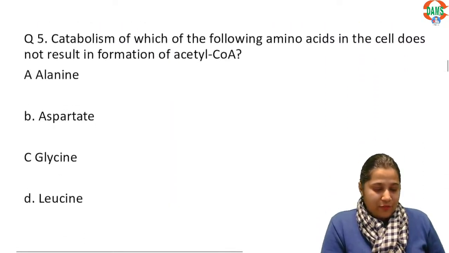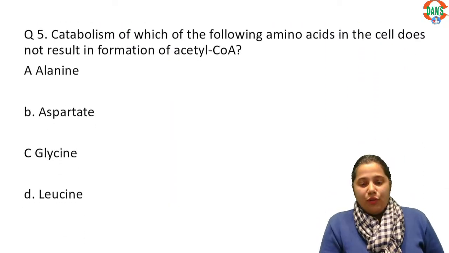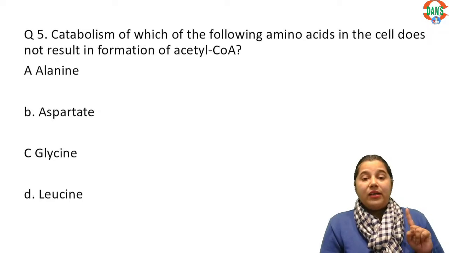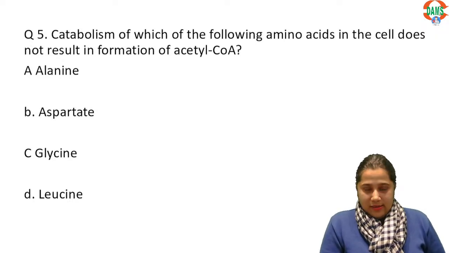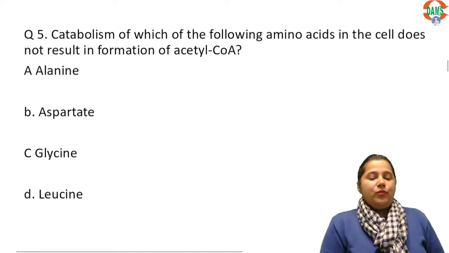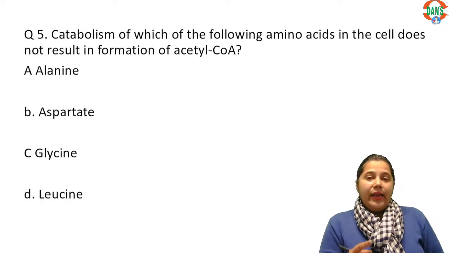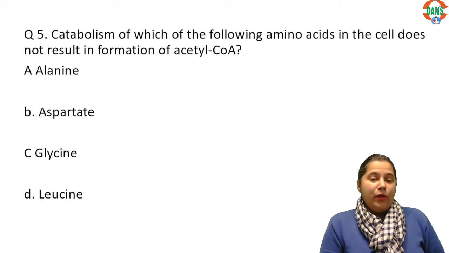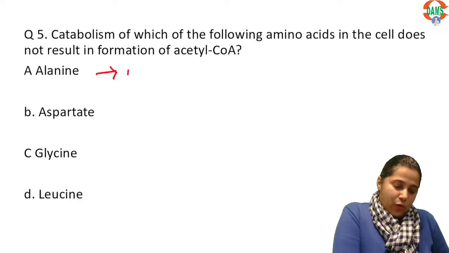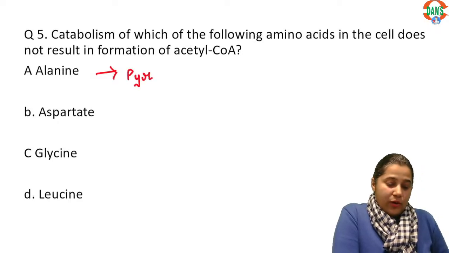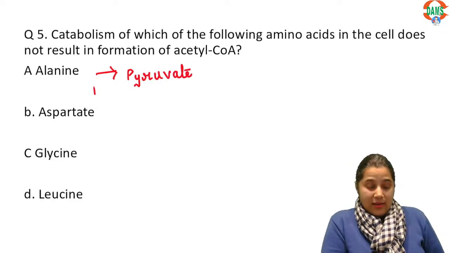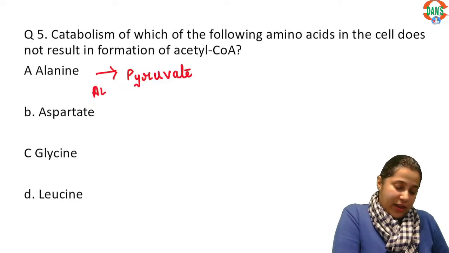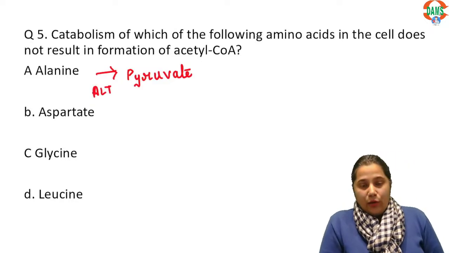Question number 5. Catabolism of which of the following amino acids in the cell does not result in the formation of acetyl-CoA? So let's see. Now actually what happens with alanine is forming pyruvate. We know this by a reaction known as alanine transaminase, which requires vitamin B6, the enzyme ALT, and you will form pyruvate.